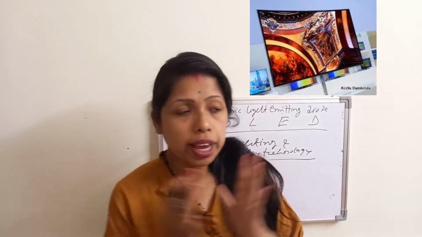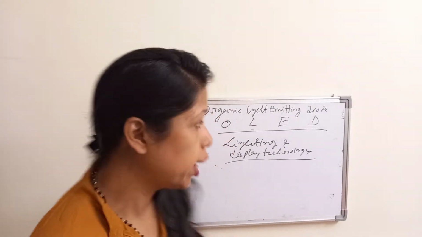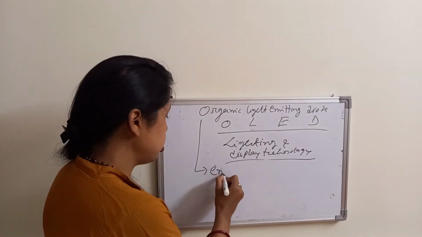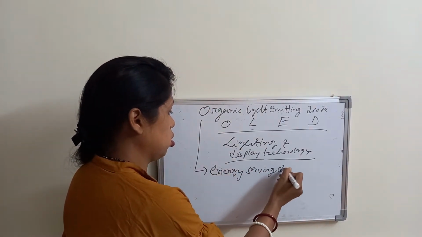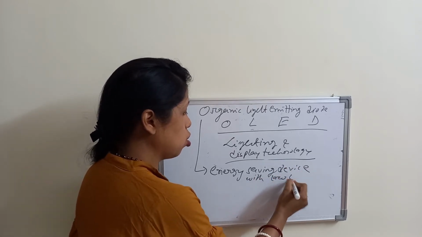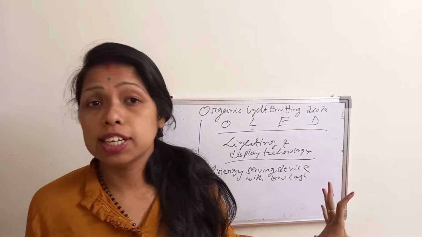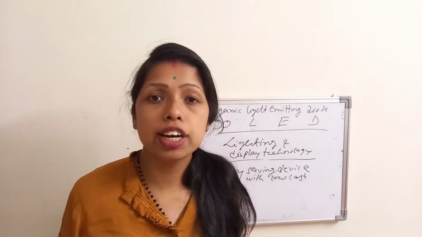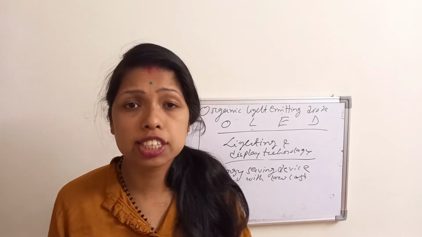Okay, the main point is that the organic light emitting diode is an energy saving device with a very low cost, right? Now this device is the most eco-friendly device. Most eco-friendly means we can integrate the organic light emitting diode in various integrated circuits.